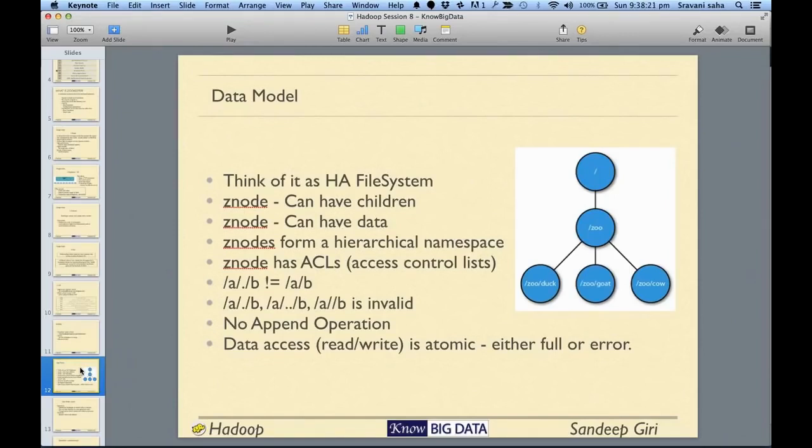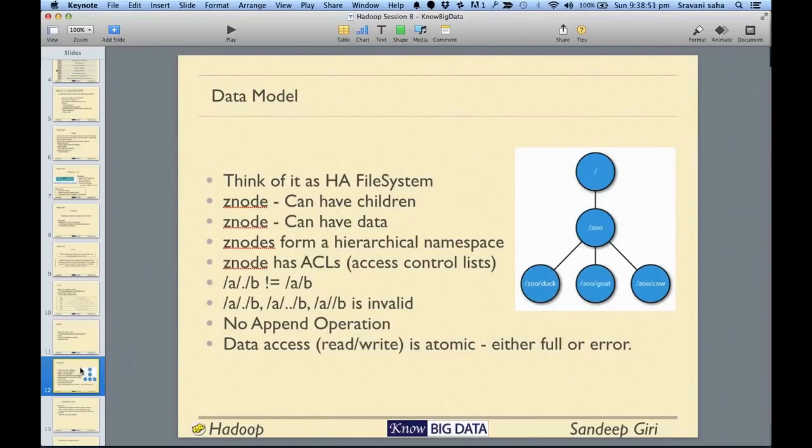Sounds good. Now let's talk about the data structure. How is data stored? This is how you can visually represent the znode. You can create a node with a path. Say slash is one node, slash zoo is one node, slash zoo slash duck is one node, slash zoo slash goat and slash zoo slash cow are also nodes. So there are in total five nodes.